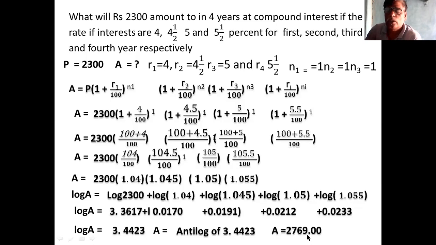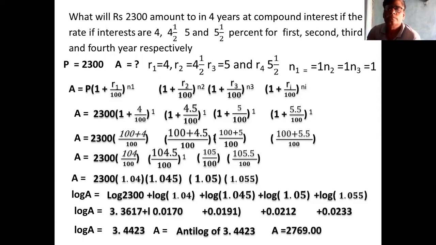Is it near to your answer already calculated or not? Yes. Okay. In this way, you have to calculate the interest under varying rate of interest. You take care about the rate applicable and the period related to that.